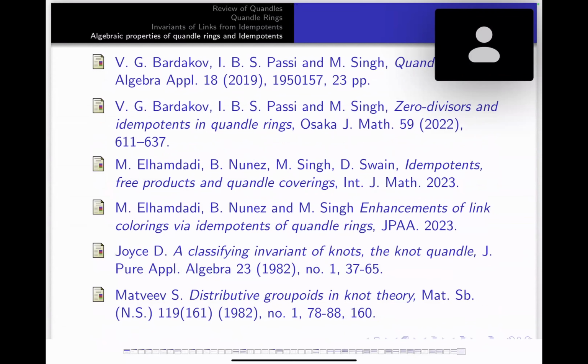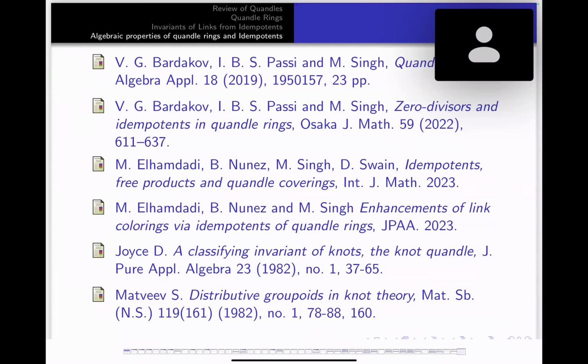As it is known, quandle rings are Hopf bialgebras. So could the algebraic properties which are important in your construction be interpreted in terms of the co-multiplication? I believe, yes. Do you mean for the conjugation quandle?